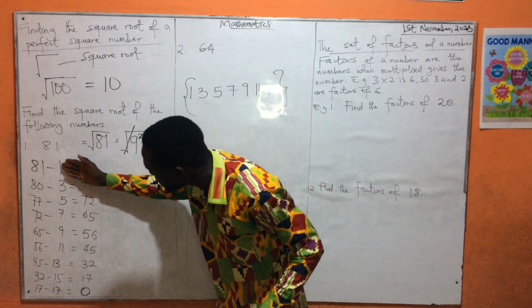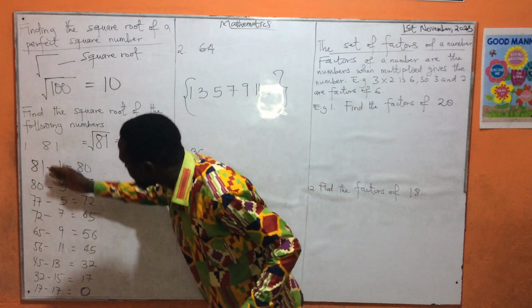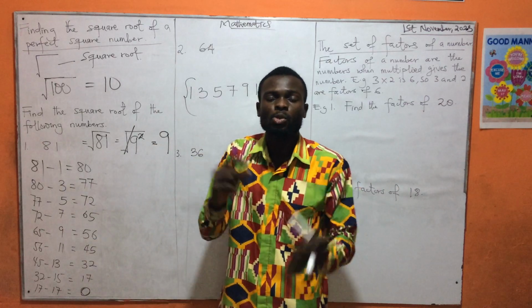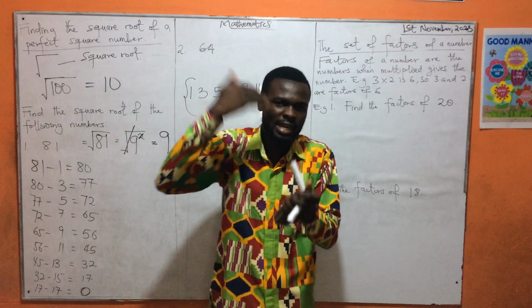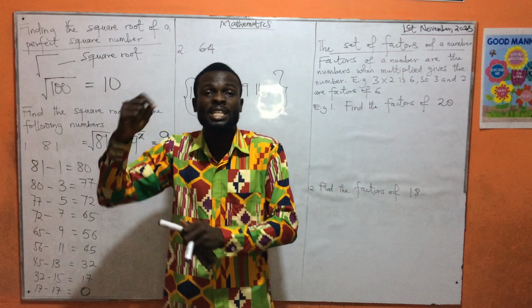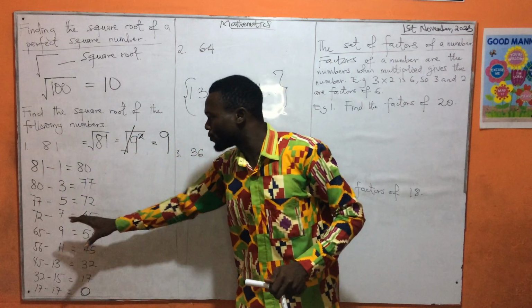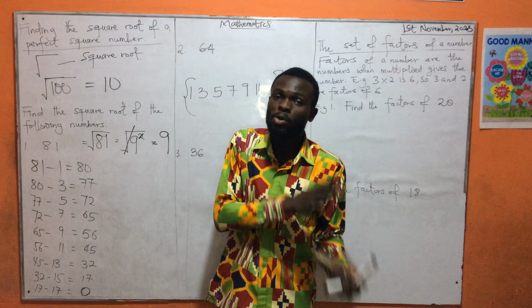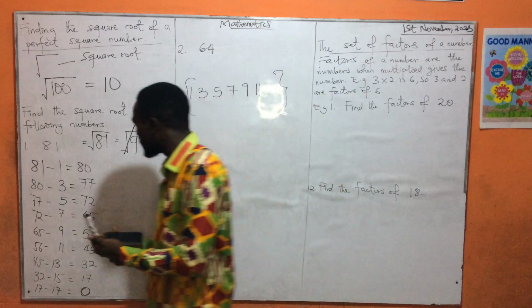Now after subtracting all the odd numbers from 81 to get 0, count the number of times you subtracted. The number of times you subtracted gives you the answer, that is the square root of the perfect number. So let's count and see.